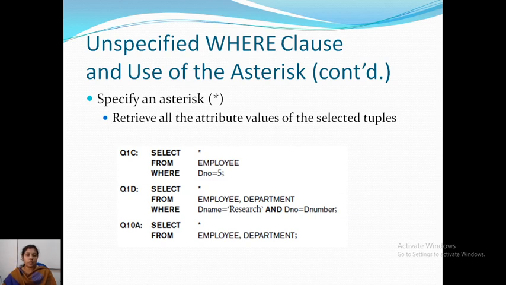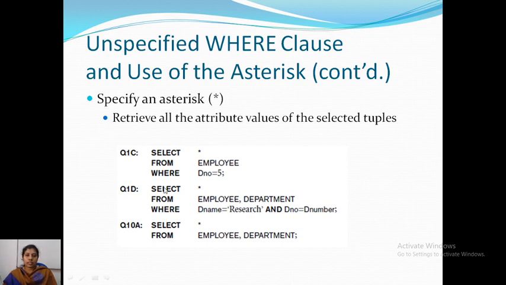If you want to list all the attributes in your result, if you want to retrieve each and every attribute in the relation, then instead of writing the names of all the attributes, simply you can use star. Select star from the table name, and if you have any condition.